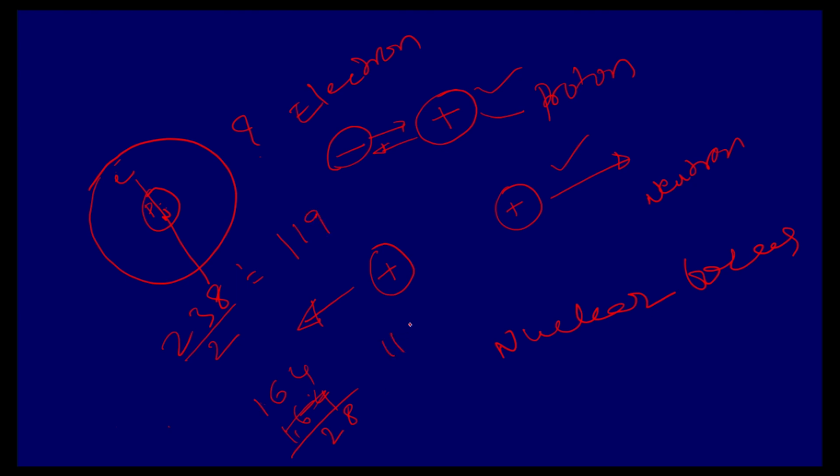So 119 plus 119 gives you two nuclei, one nucleus of 119 and another nucleus of 119. If 238 protons are kept in one nucleus with huge force and are now divided into two parts, 119 plus 119, this is an imaginary thing, just to build you a concept.